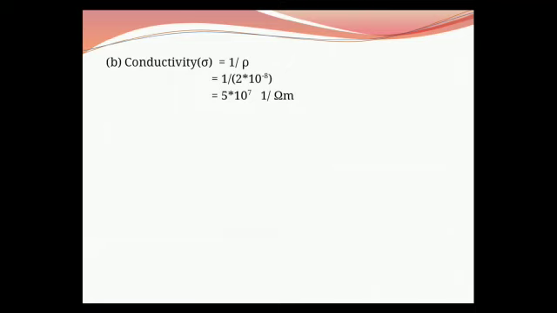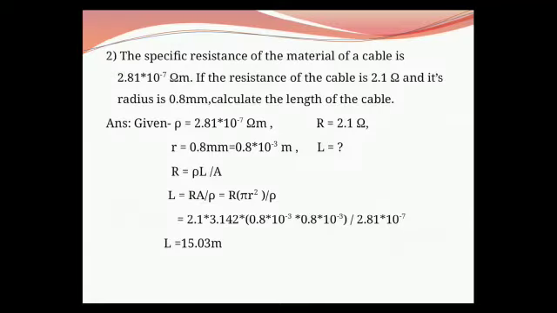Now we solve the second example. The specific resistance of the material of a cable is 2.81 into 10 raised to minus 7 ohm meter. If the resistance of the cable is 2.1 ohm and its radius is 0.8 millimeter, calculate the length of the cable. First we write the given values.